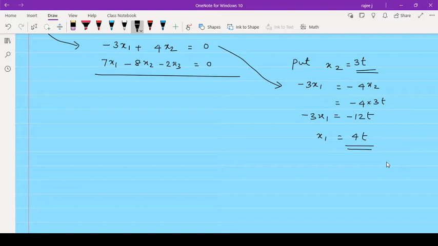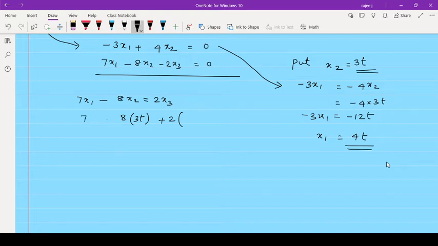Now from the second equation, 7x1 equals, taking this to the right side, 8x2 plus 2x3. That is equal to 8 into x2, which we have taken as 3t, plus 2 into x3. Sorry, we have x1, we need x3 from here. So 7x1 minus 8x2 equals 2x3, because we have x1 and x2 here.